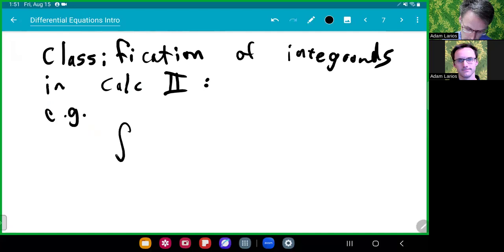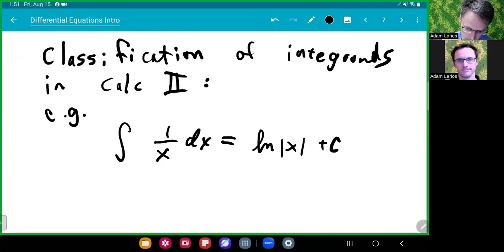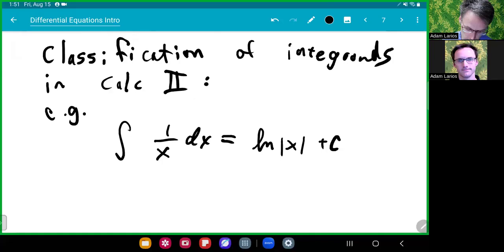If you have something like the integral of 1 over x, I think you can probably tell me this is natural log of x plus c, points for you if you remember the absolute values. So we have an antiderivative like this. Okay, no big deal.